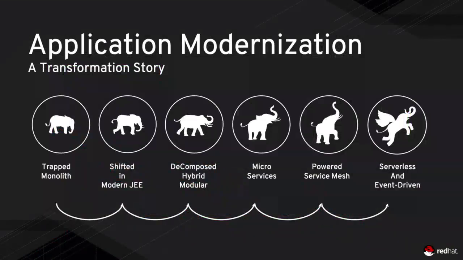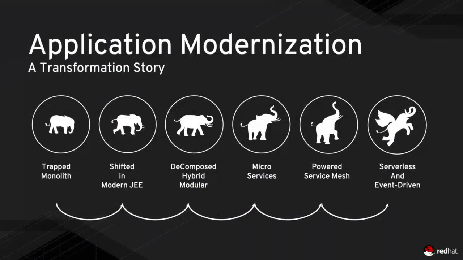As a first step of this transformation, I'll be migrating that application from the third-party application server to JBoss Enterprise Application Platform. The next step will be decomposing that monolith application's capabilities into some microservices. So in that state, our application will be partially decomposed into microservices.